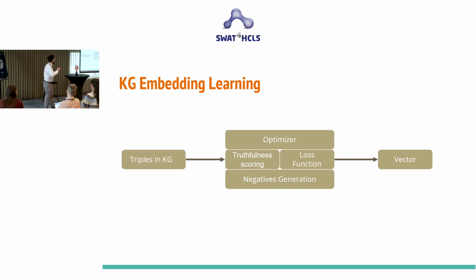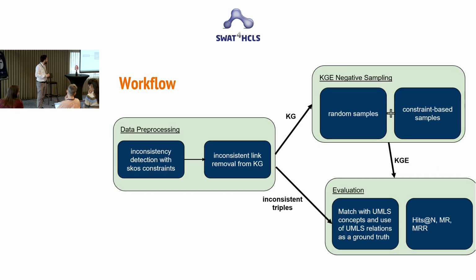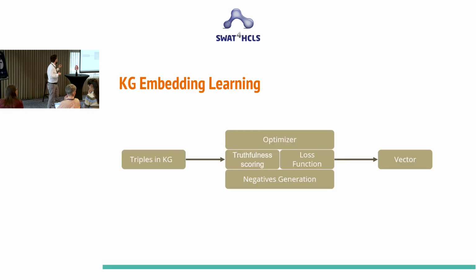There are different components, but most of the time you define a scoring function, and with that scoring function, you calculate the loss. With that, you optimize this embedding representation. You come up with vectors representing the knowledge graph with this definition of loss function. But there is a slightly different thing.